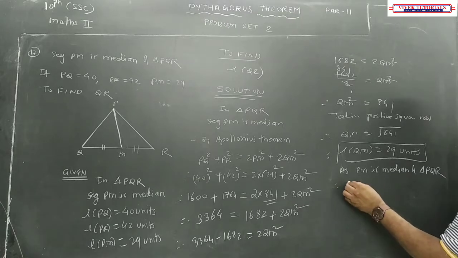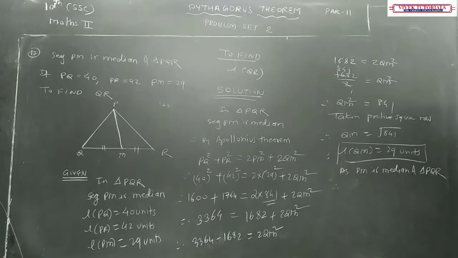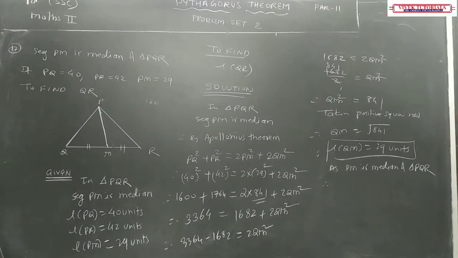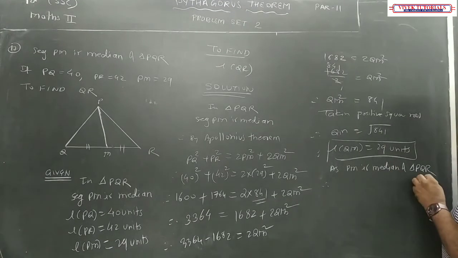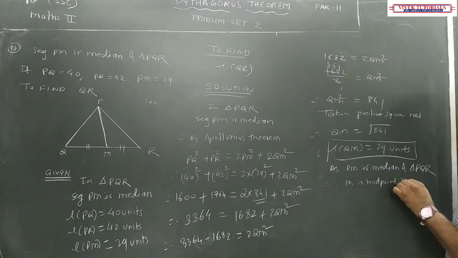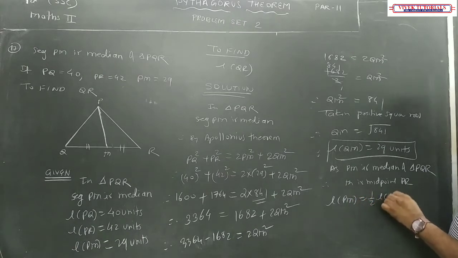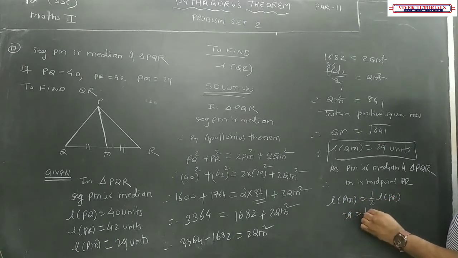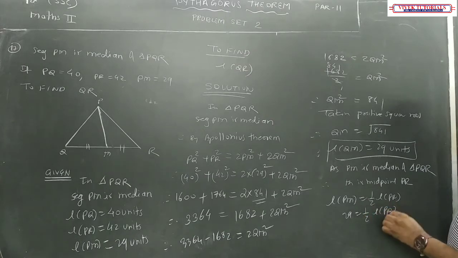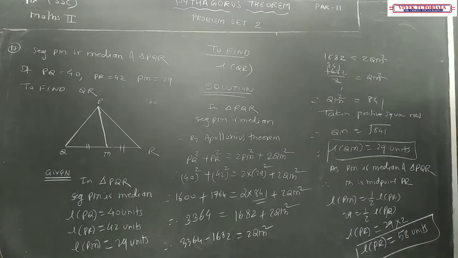So what I can write is, as PM is a median of triangle PQR, M is midpoint of PR. So length PM is equal to half of length PR. So 29 is equal to half into length PR, or length PR is equal to 29 into 2. Length PR is equal to 58 units. This you could copy down.